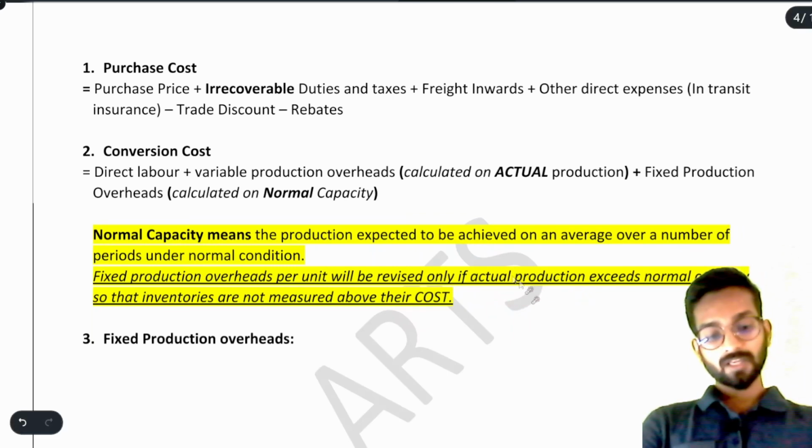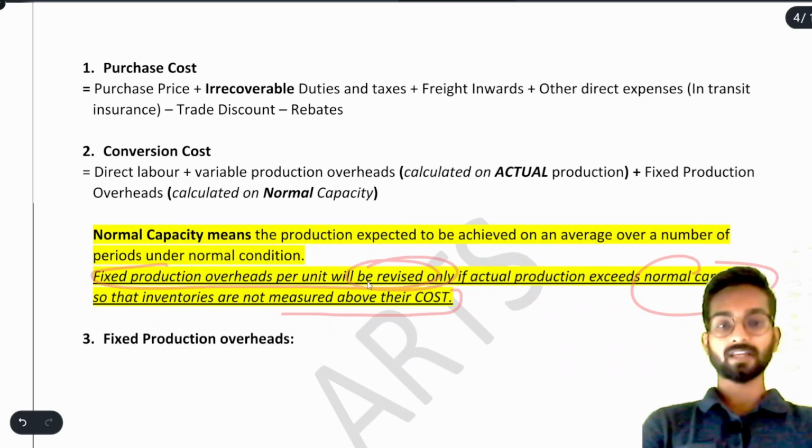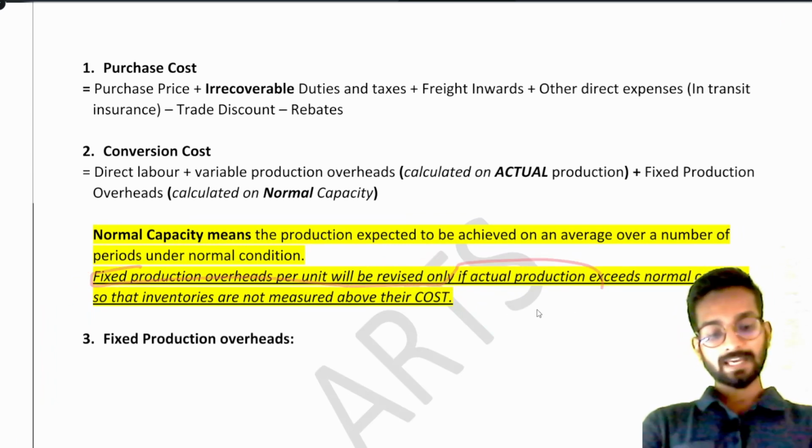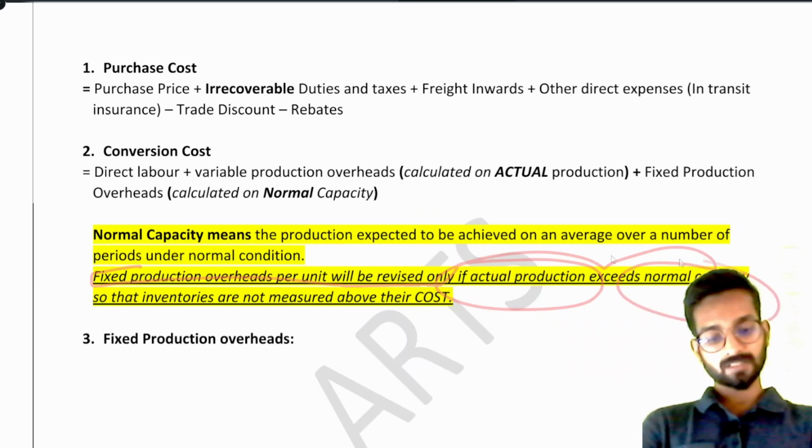Now if the actual production exceeds the normal capacity, then inventories are not measured above their cost. Fixed production overhead will be revised that time. We will solve a question on that, don't worry. But remember, this is very important. Fixed overhead cost will be revised only when actual production exceeds the normal capacity.